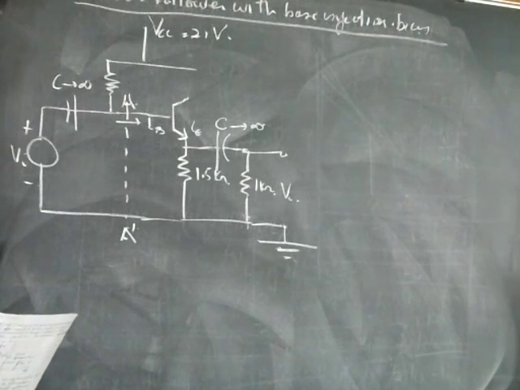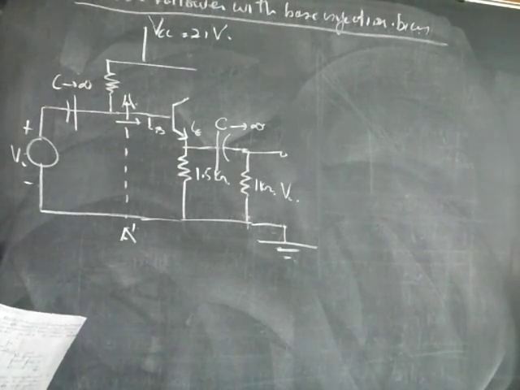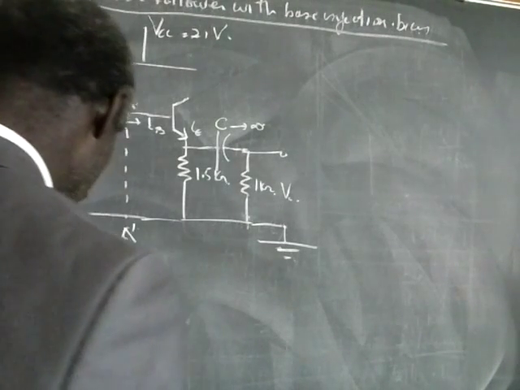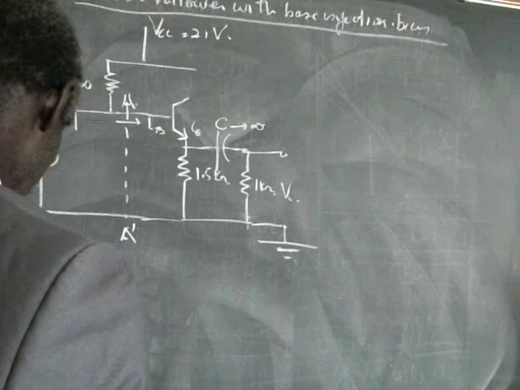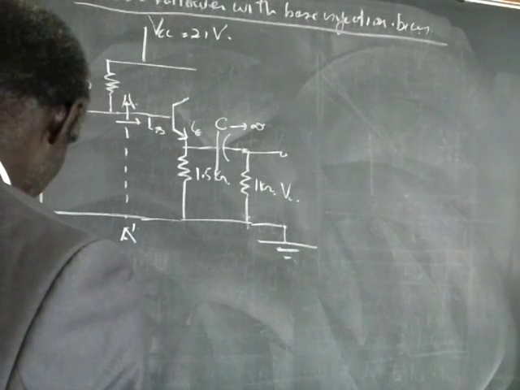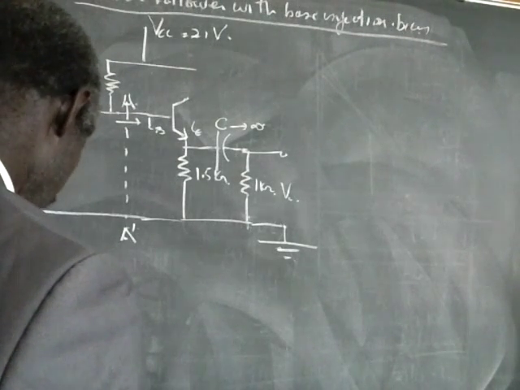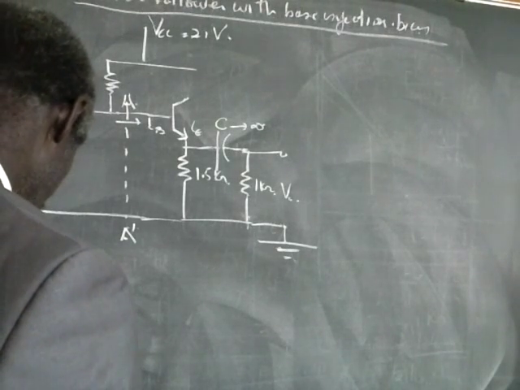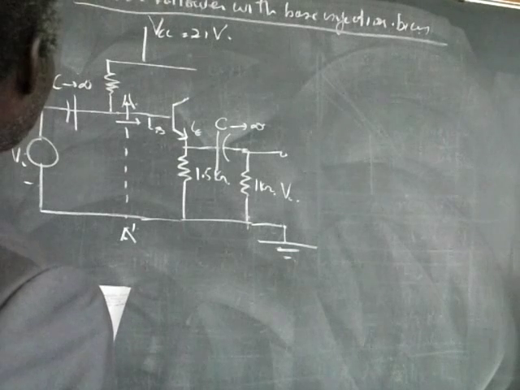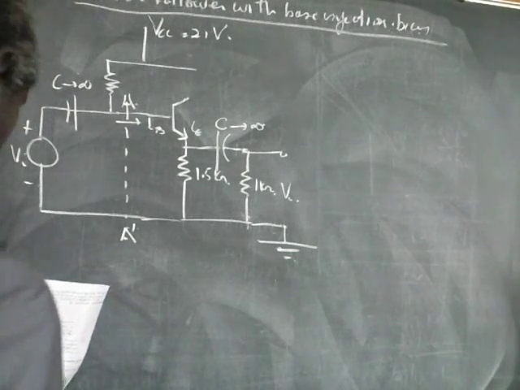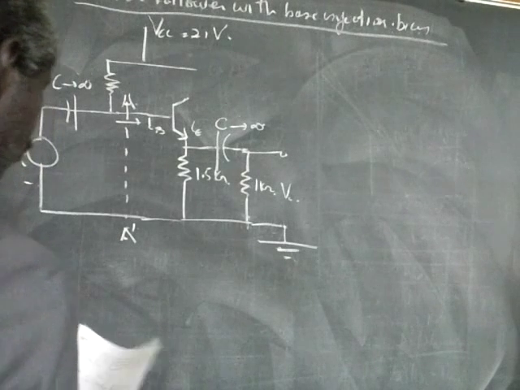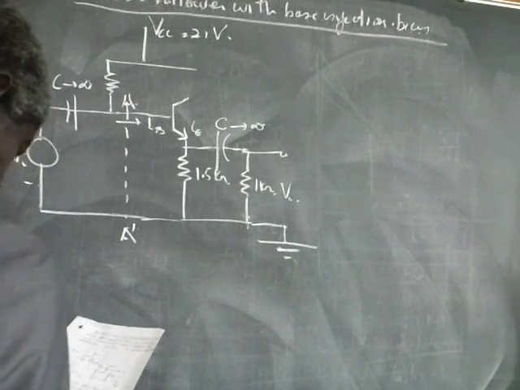Now in this case, the base bias resistor R1 shown in the previous figure can be eliminated, and the above figure showed the emitter follower of the previous figure with R1 removed. And this is called the base injection bias, when we remove R1.